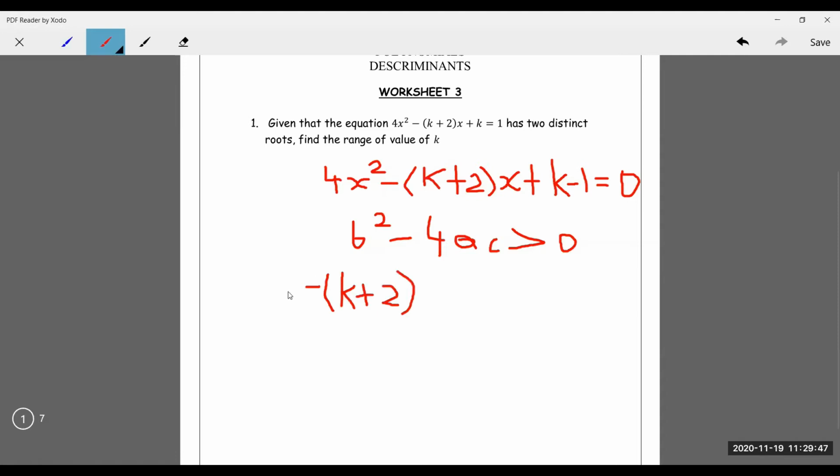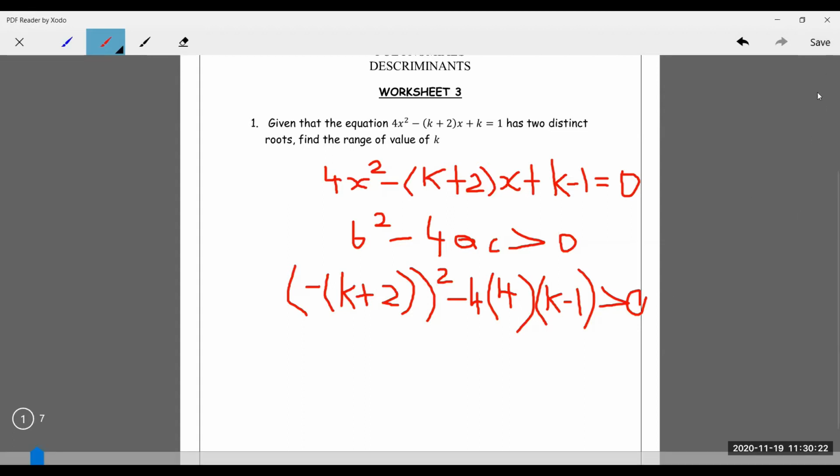So we're squaring minus (k plus 2), and then we're subtracting 4 times a. a is 4, and c, what is c? c is the coefficient of our constant, which is k minus 1. So we have k minus 1, and that is greater than 0. All right? And so that's how we tackle this question.